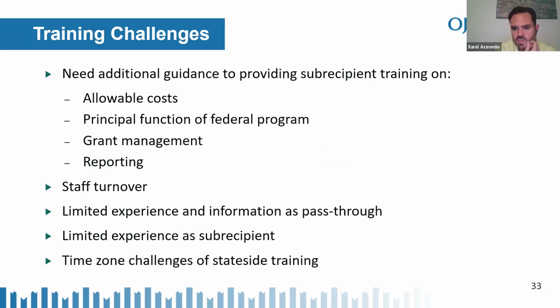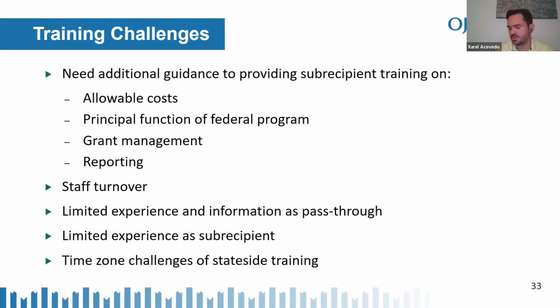All right, so now we're going to talk about some of the challenges that grantees and subrecipients have expressed to us during our needs assessments. First is needing additional guidance to provide subrecipient training on allowable costs, the principal function of the federal program.